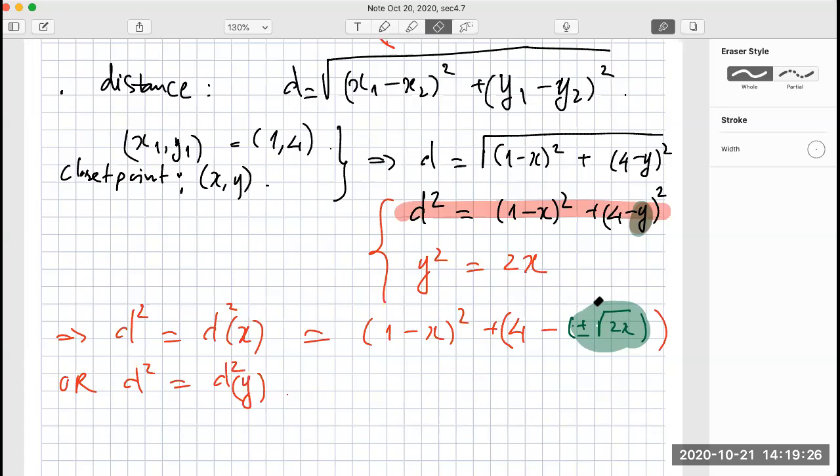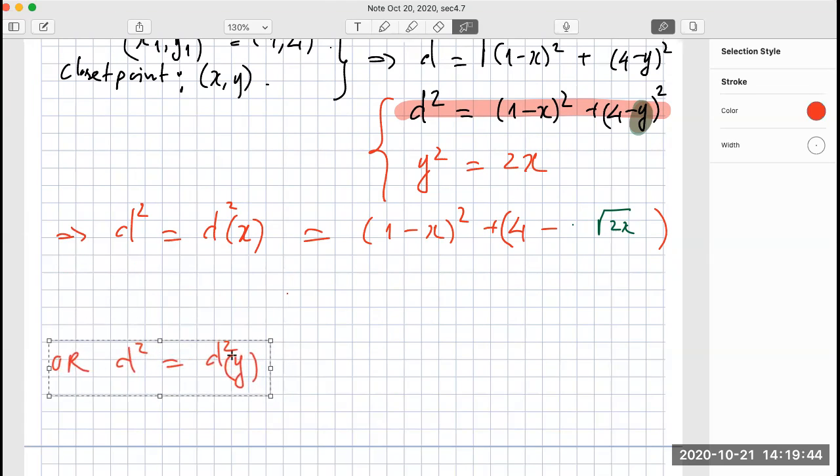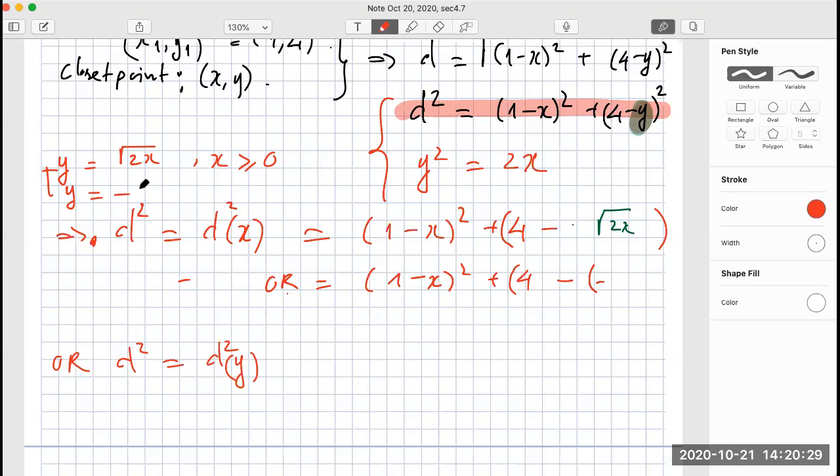Let us write it clearly. Y squared is 2x, then y will be the square root of 2x when y is positive, or y will be the negative square root of 2x.